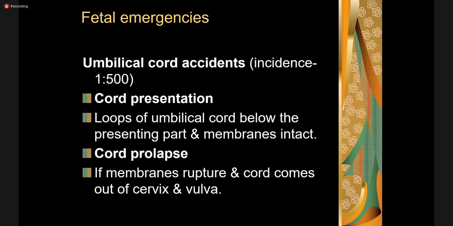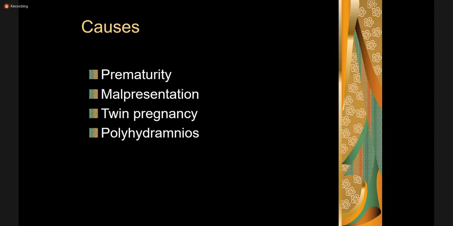So this is a real emergency. And if it occurs in your labor room, by doing ARM, artificial rupture of membranes on high head, this can occur. So be careful, never try to do ARM on high head. Unless the head is fixed, please do not do that. Because once the membranes are ruptured and cord comes out, then it is the emergency.